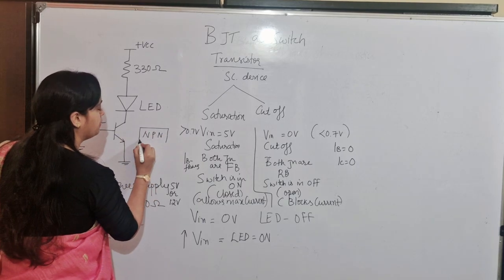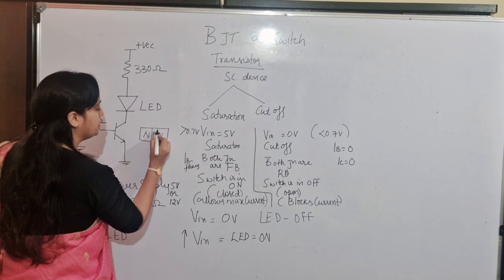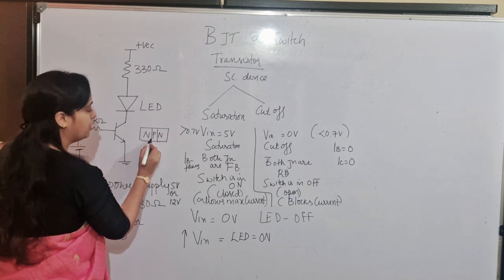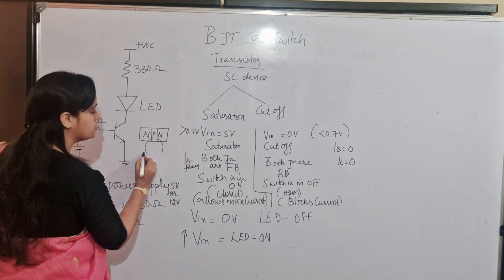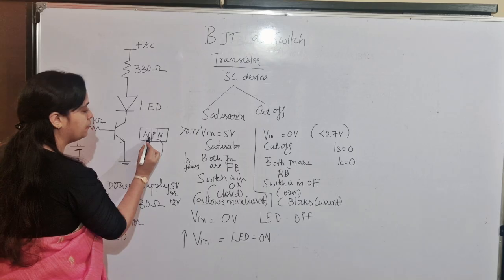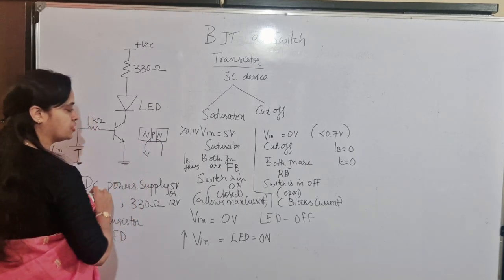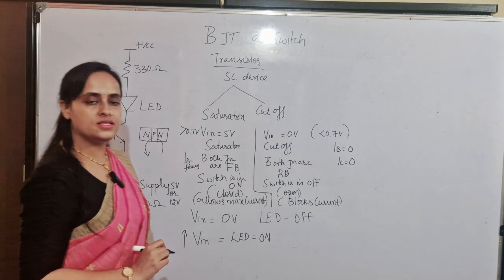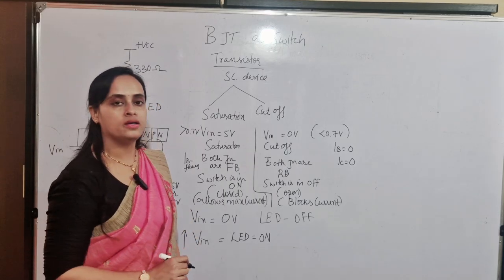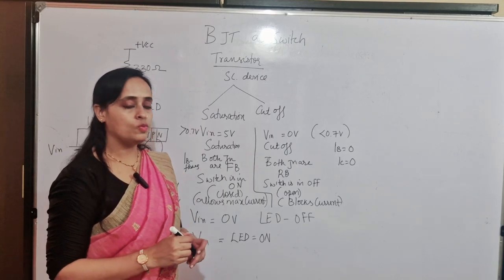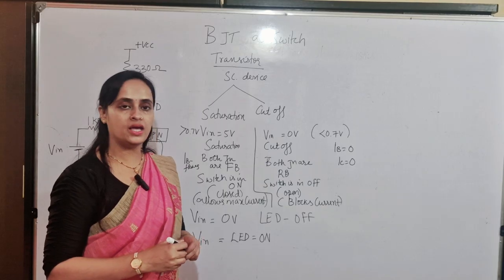So if this is an NPN transistor, it is made up of two different junctions. One junction is between N and P type, and one more junction. So a transistor is nothing but a semiconductor device made up of PN junction.